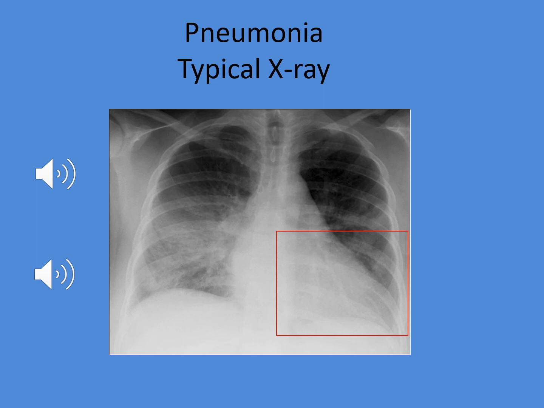Typically with the lab studies, they're probably just going to do a CBC with diff. They may also get a basic metabolic panel, so BMP or CMP, which means complete metabolic panel, just because they may want to look at hydration status and things like that. Probably the most important would be your CBC with diff and looking for leukocytosis.